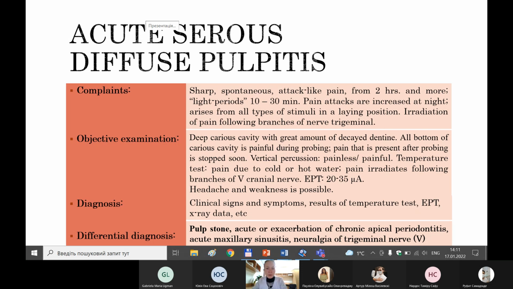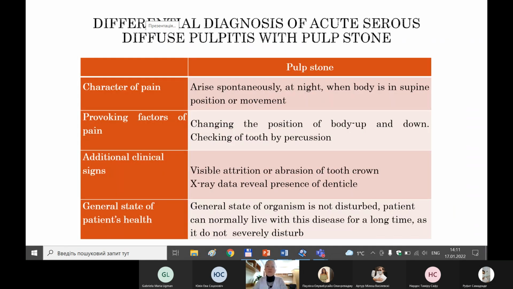Differential diagnosis for acute serous diffuse pulpitis is done with pulp stone, acute or exacerbation of chronic apical periodontitis, acute maxillary sinusitis, neuralgia of trigeminal nerve. And one by one, we will differentiate all these diseases, and we will find out what is different with acute serous diffuse pulpitis and other diseases.